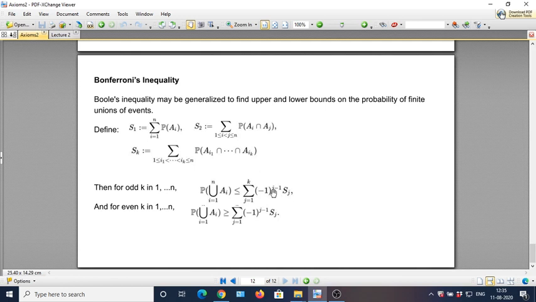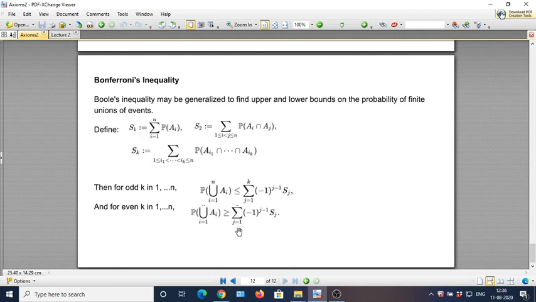We can see it is minus 1 power j minus 1, because if you look at S2, you will see that it will have a minus sign. For 2 minus 1, it will have a minus sign. S3 will have a plus sign, which also follows from it. So it is alternating plus and minus.